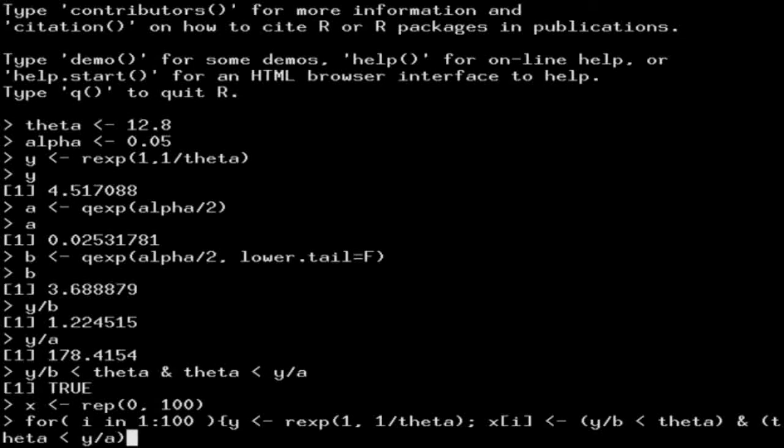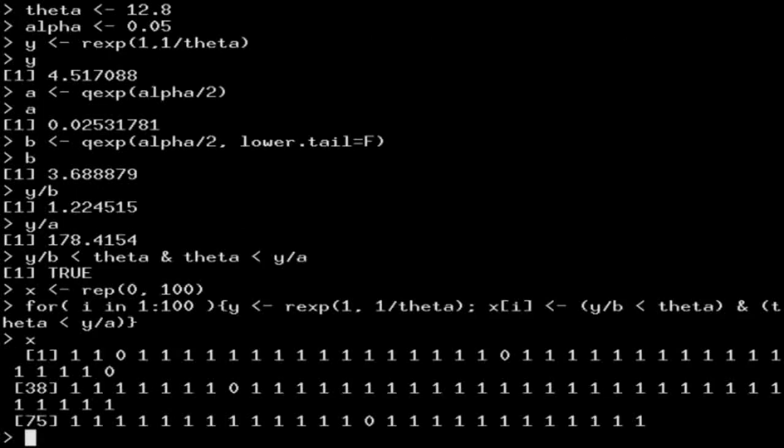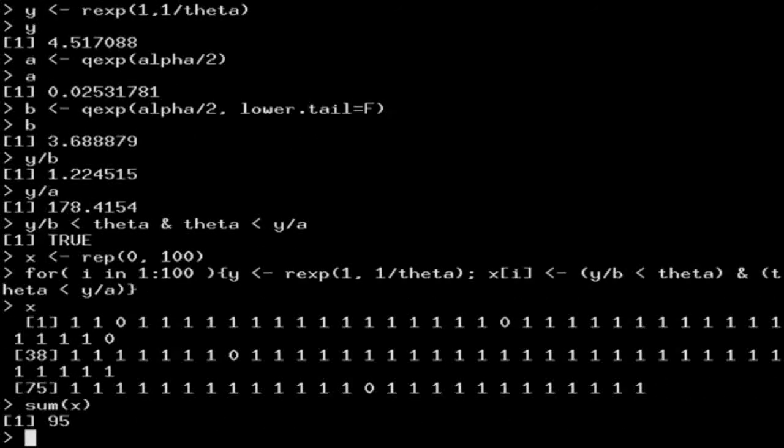So let's see what happens when we just run that loop. Then we get x's being these values, so 1s and 0s. So let's see how many 1s and how many 0s we have. Sure enough, we were right 95 times out of 100.